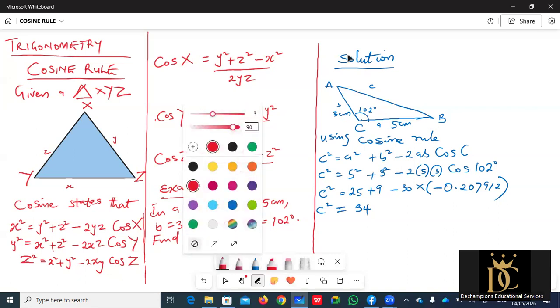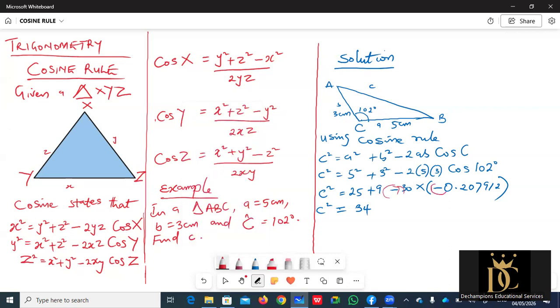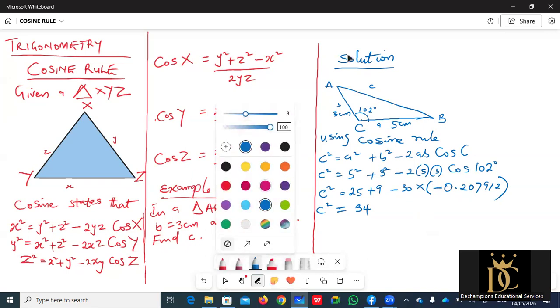Let me highlight it for you to understand it better. You have to multiply the two minus there. So minus times minus will give you plus.